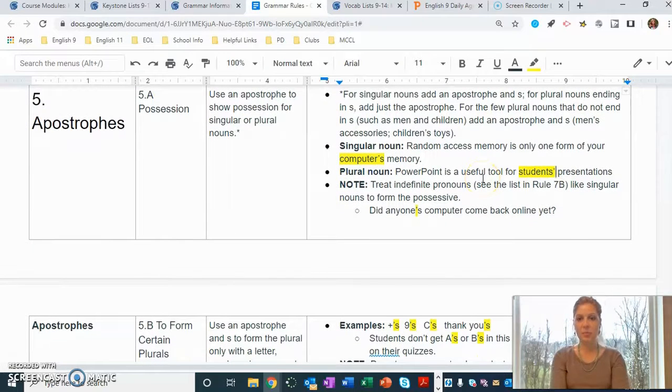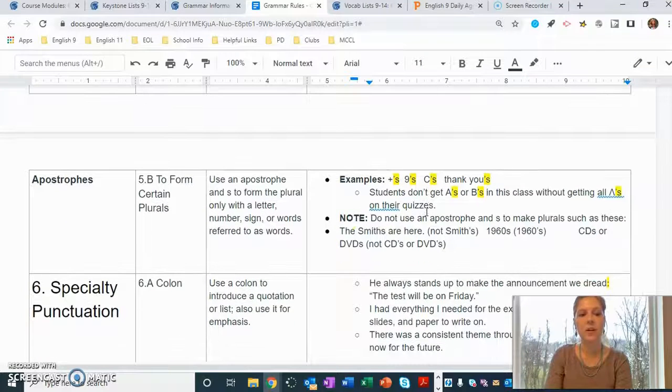For indefinite pronouns, anyone, everyone, etc., it's treated as a singular noun, anyone's computer. And the other thing you need to know is to use an apostrophe and S to form the plural only with a letter, number, sign, or words referred to as words. Like A's, 9's, 7's, thank you's.